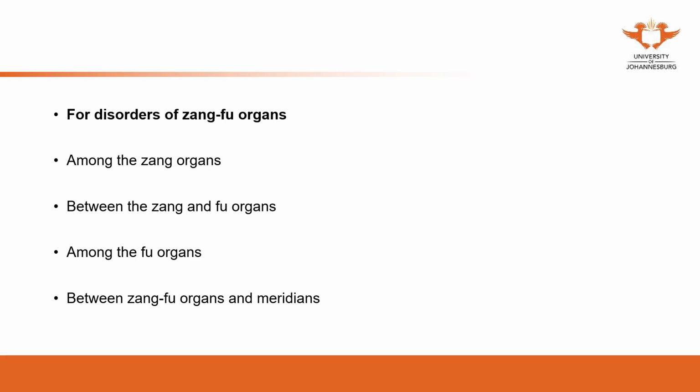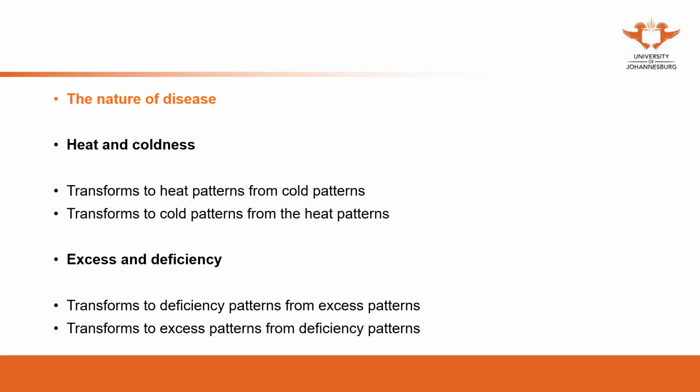This is one of the most important parts of our differentiation method for the 脏腑 organs. The development can be separated into two. The first is the locations.